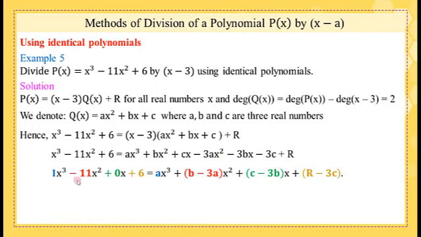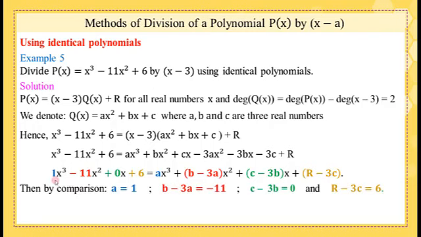So x cubed minus 11x squared plus 0x plus 6 equal ax cubed plus b minus 3a into x squared, because the common factor between bx squared and minus 3ax squared is x squared, plus c minus 3b multiplied by x plus r minus 3c.